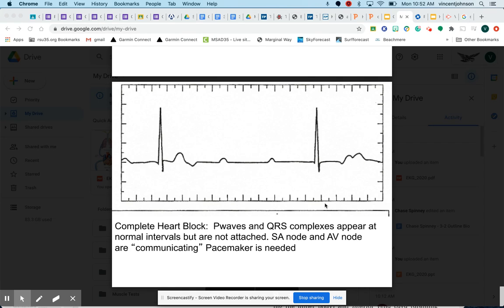A couple things can change pressure: the diameter of the artery. So we have things called vasoconstriction and vasodilation. Vasoconstriction is when a blood vessel gets smaller and smaller and smaller. This causes blood pressure to rise. And we have another phenomenon, vasodilation, which is when a blood vessel will get larger in diameter, and this causes blood pressure to go down. So think of it as placing your thumb over a garden hose.